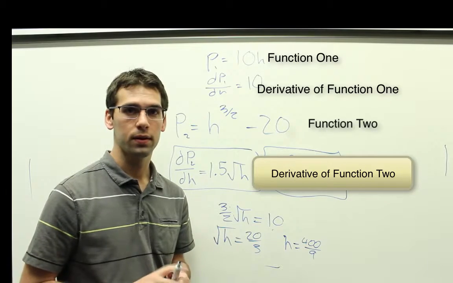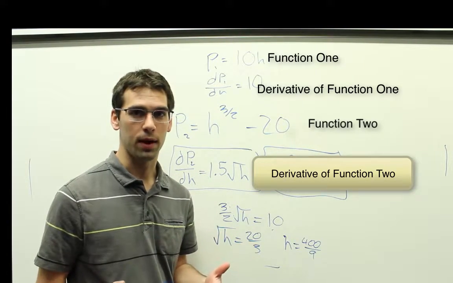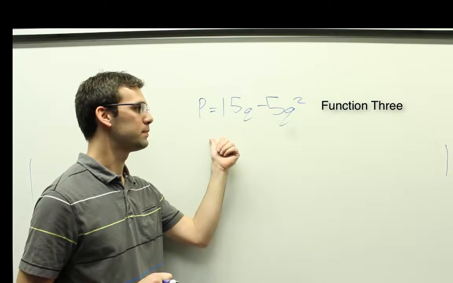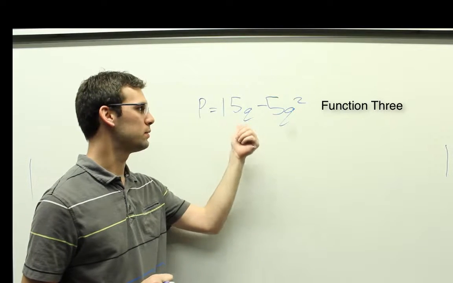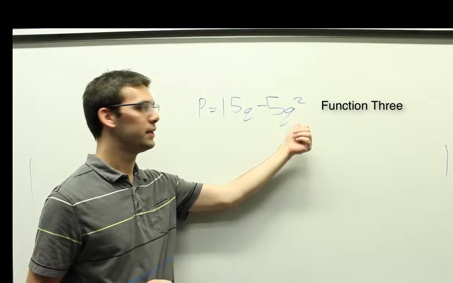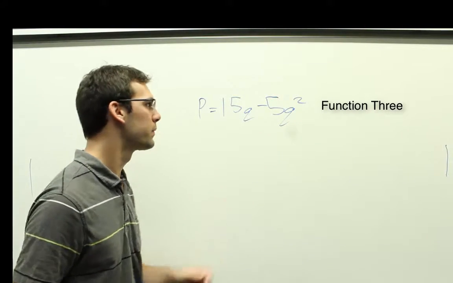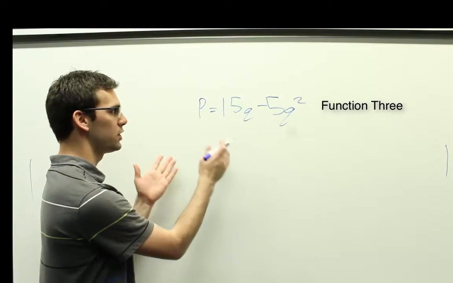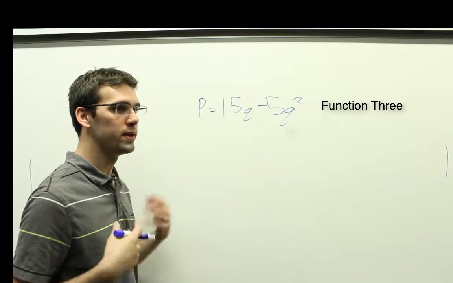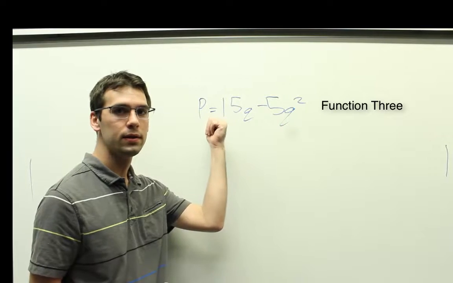One other thing that we often use derivatives for is maximization problems. So imagine that our business makes profits equal to 15q minus 5q squared, where q is equal to the quantity of items that you make and sell. So here we have a function where p is a function of q, and we can ask ourselves, what's the effect of changing the quantity on p?